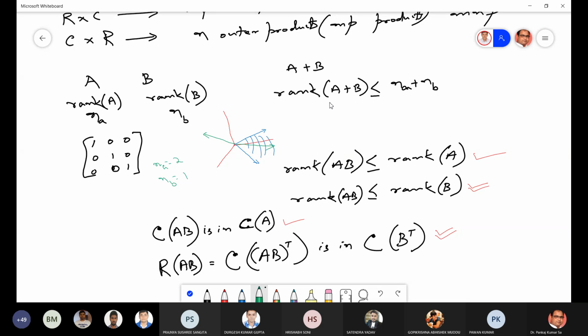And accordingly, you get this answer. If it is the first case, all three are independent, this becomes 2 plus 1. Otherwise, it still remains 2. I hope it is understood. Yes, sir.